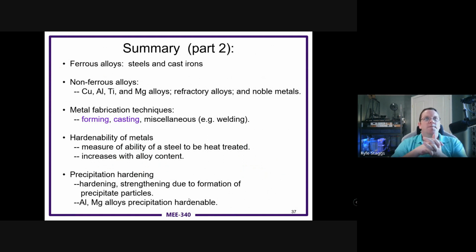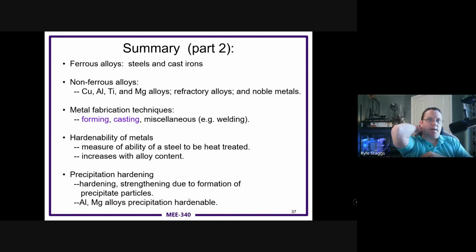So a recap: ferrous alloys, steels, and cast irons. The non-ferrous alloys are refractories, noble metals, often good conductors, those sorts of things, lighter weight, special purposes for the non-ferrous alloys. The fabrication techniques, we talked a little bit, were forming, casting, as well as a few miscellaneous. Hardenability of metals is also hugely important.